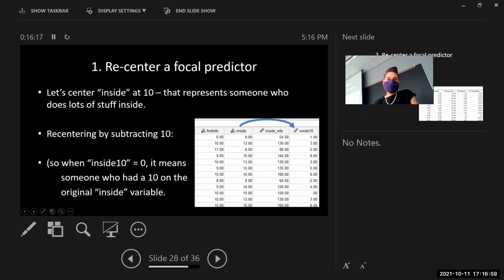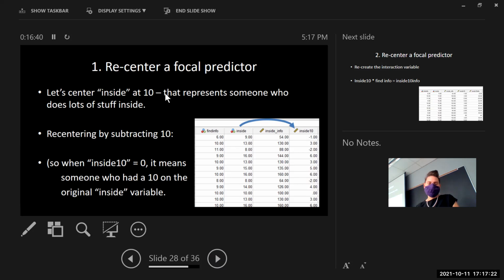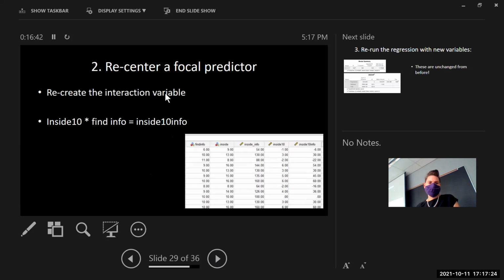So if I am going to center inside at 10, representing now someone who does lots of stuff inside, before, it was at 0, which is someone who does almost nothing inside. And now I want to do it at 10. What I can do next is, so I've recentered the focal predictor.